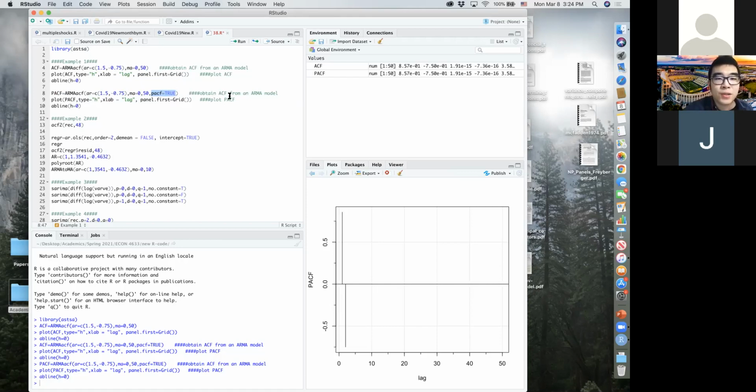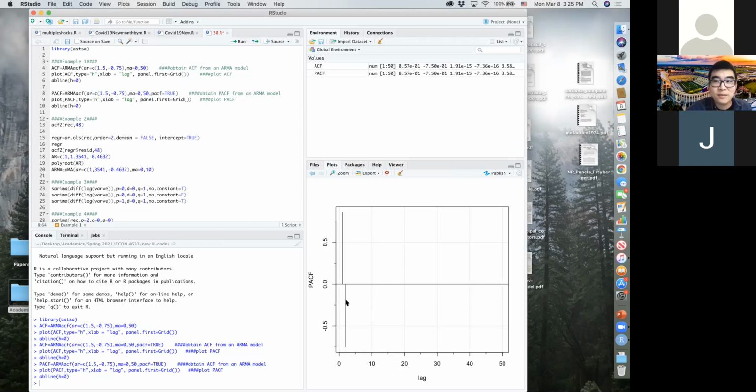Now you obtain the PACF from this ARMA model and we plot it, and this is what we got. You can very easily see that we only have 2 PACF values that are not equal to 0, so the PACF cuts off at 2.